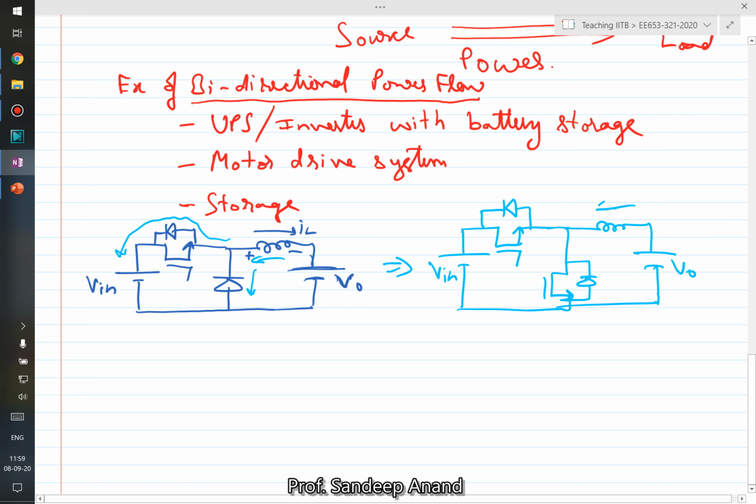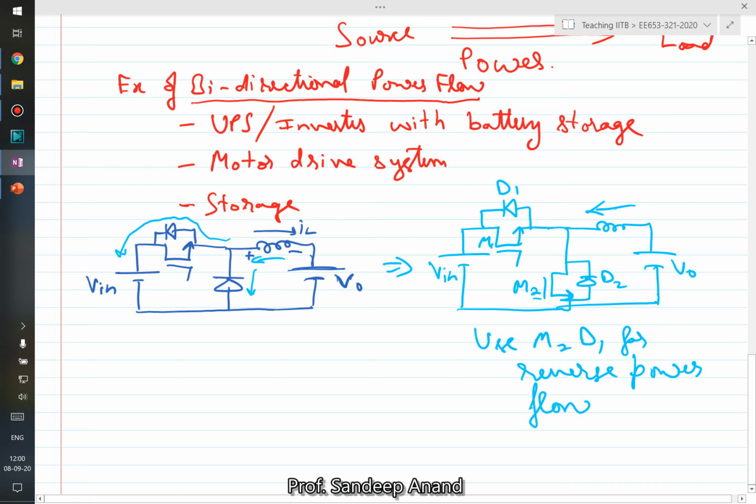Now if you want to make sure that the current flows in this direction, then you can use the MOSFET 2 and diode of 1, right? So you can use M2 and D1 for reverse power flow.